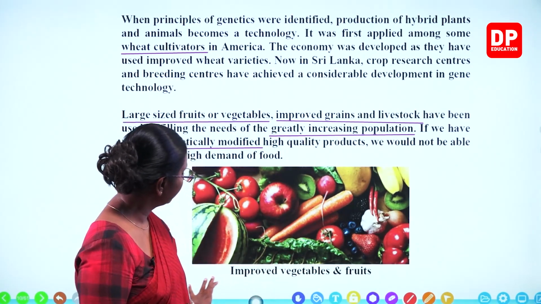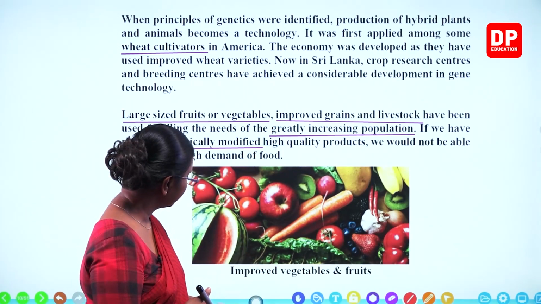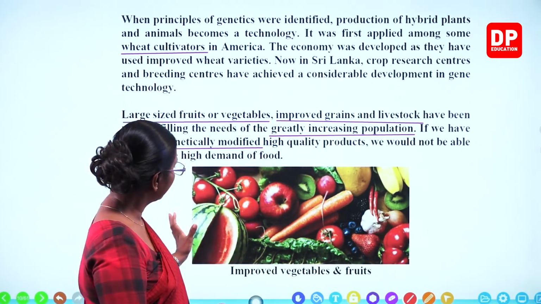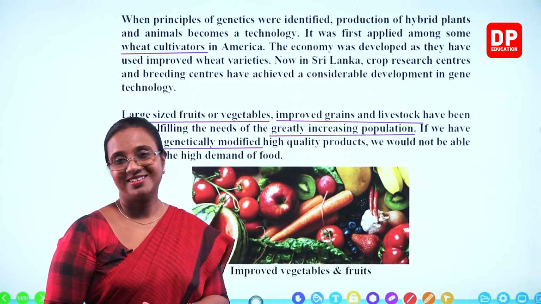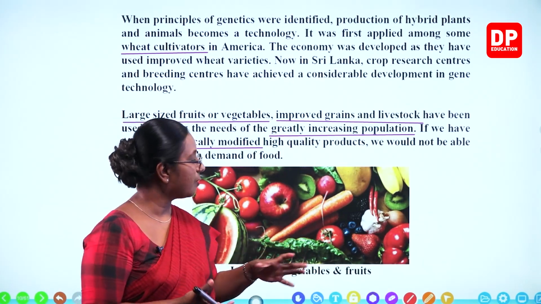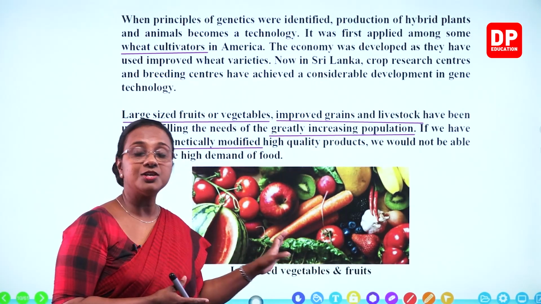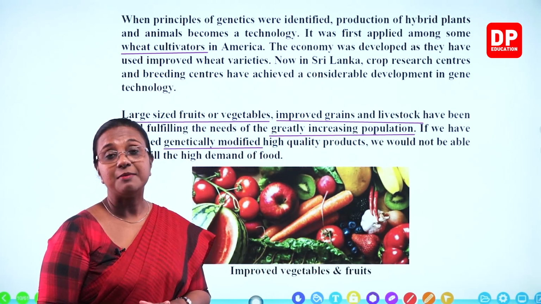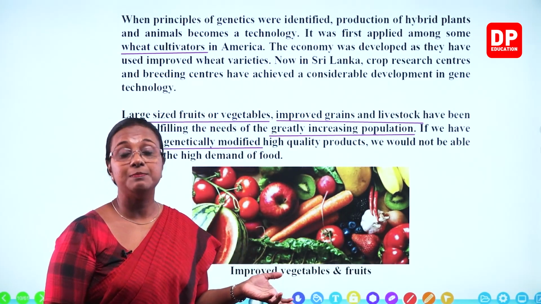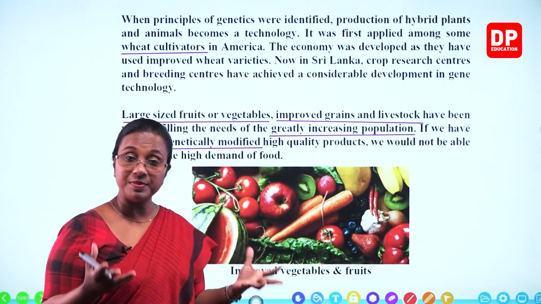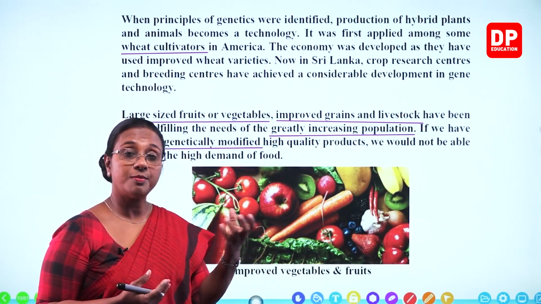So here again you can see in the picture improved vegetables and fruits. Although they look the same, students, this is how even a normal fruit and vegetable may look, but there are so many crops that have been genetically improved. So although you don't see it from outside, maybe from the size, you can see, or from the taste.